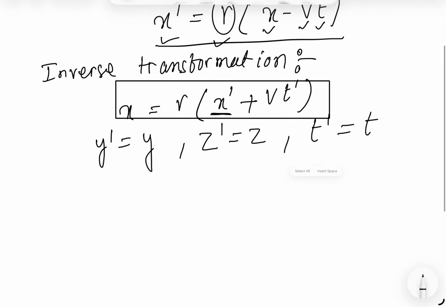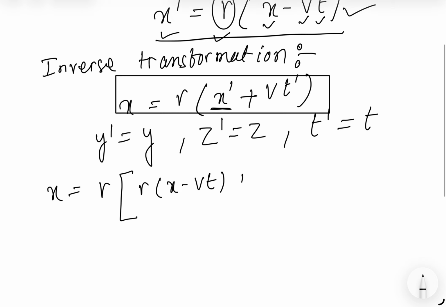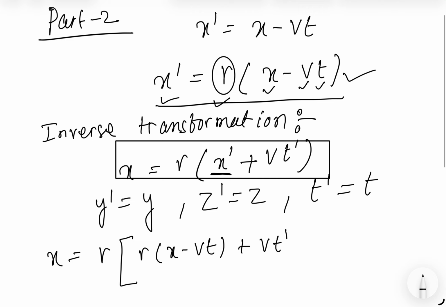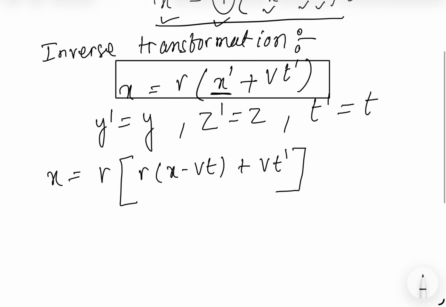It will be a little lengthier, but it's easy. x equals gamma times, substituting for x dash, gamma times x minus vt from this equation, then plus vt dash. And this is our equation.